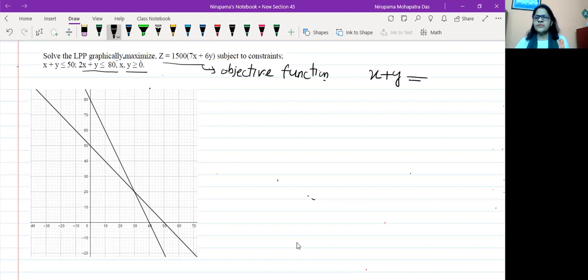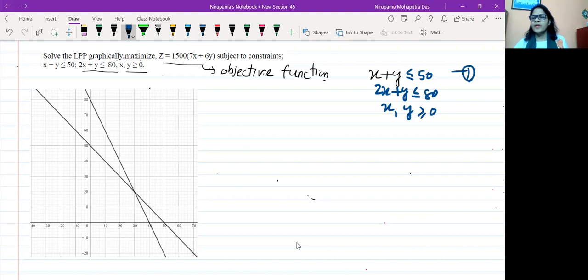We are given the question. Let me write the question first. So when you are given x plus y less than or equal to 50, then 2x plus y less than or equal to 80, and x, y greater than or equal to 0.